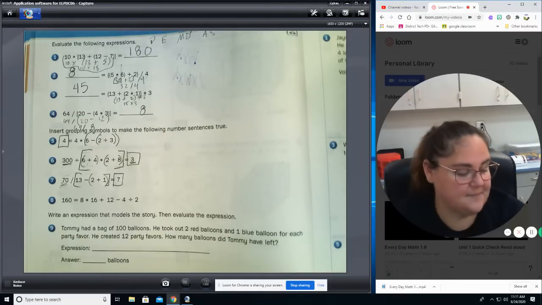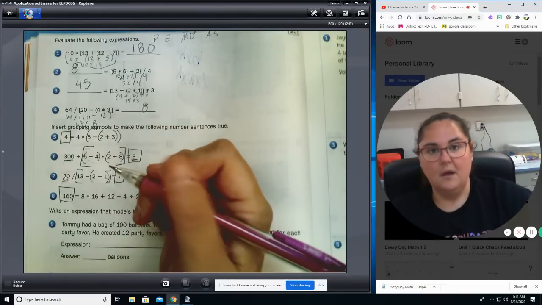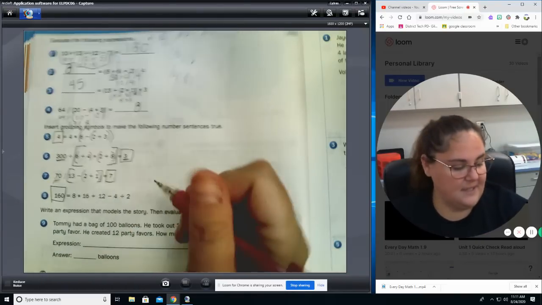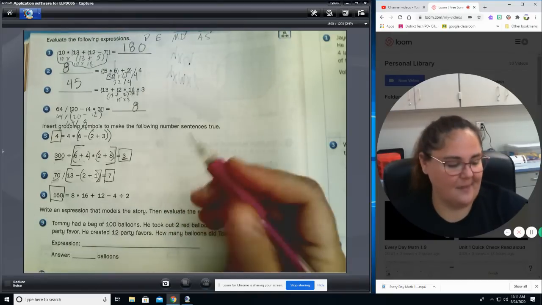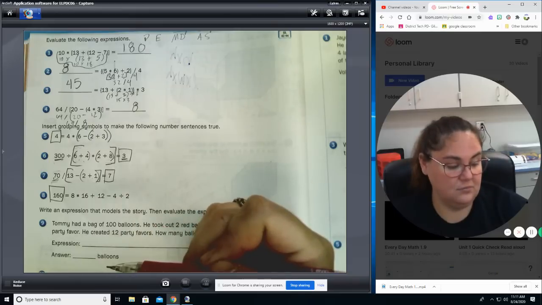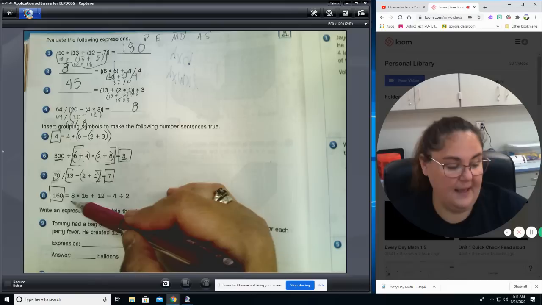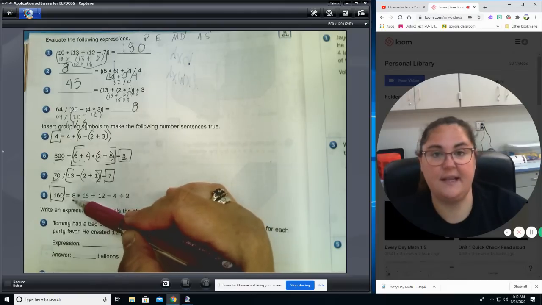Number 6. All right, my goal is to get to 160. Whew, my goal is to get to 160. All right, let's see what we can do. I know that 8 goes into 160 20 times.